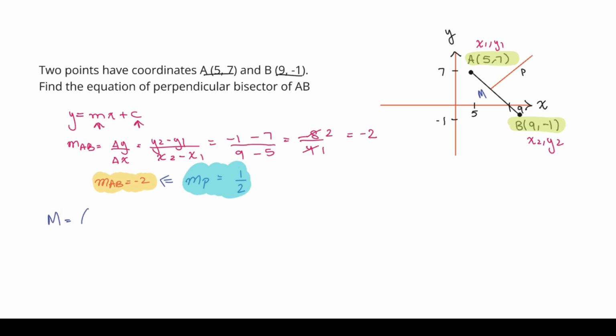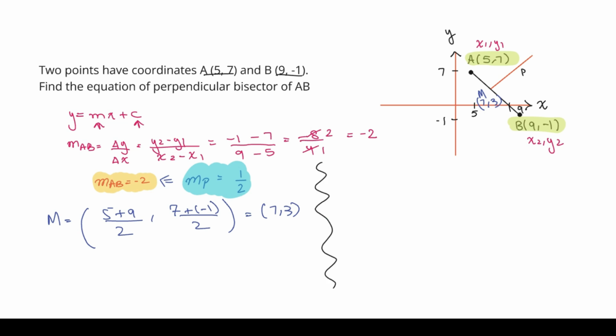So, M would be 5 plus 9 divided by 2, comma 7 plus -1 divided by 2. So the coordinates of midpoint would become 5 plus 9 is 14, 14 divided by 2 is 7, and 7 minus 1 is 6, 6 divided by 2 is 3. So the coordinates of M would be 7, 3.